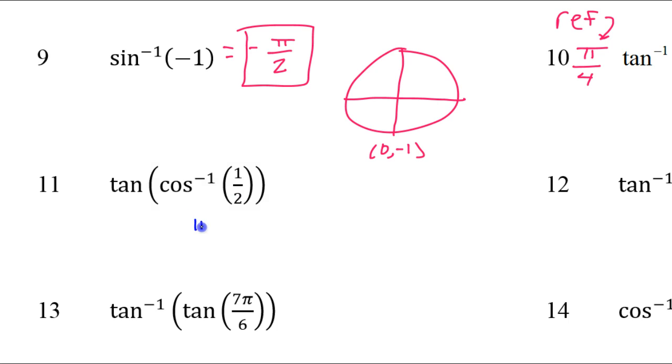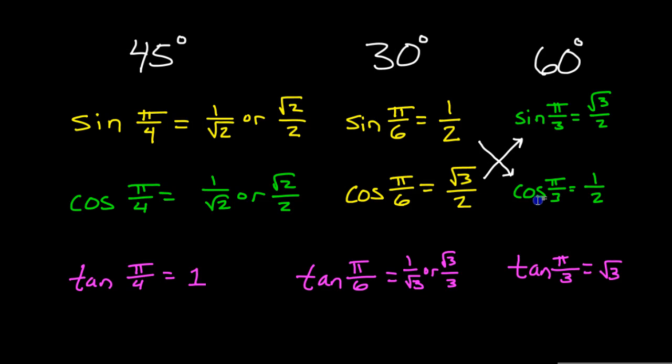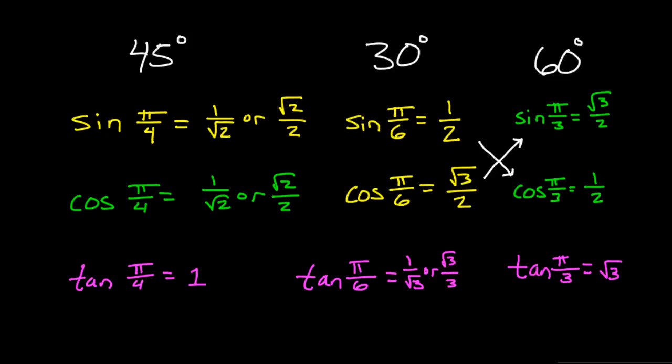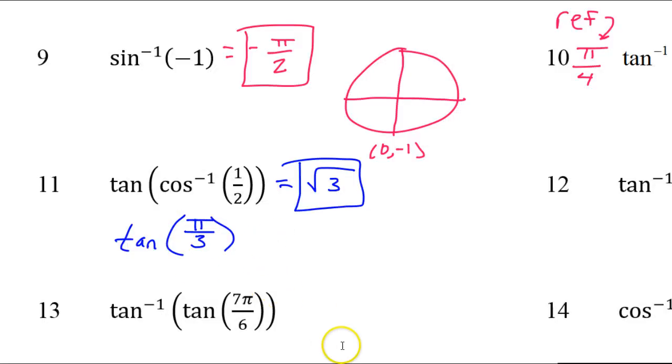Hopefully you have memorized that that is pi over 3, because the cosine of pi over 3 is 1/2. So that means I have to do the tangent of pi over 3. Again, I'm hoping that you have memorized that that is going to be simply radical 3. Boom, there it is. So that's the answer for number 11.